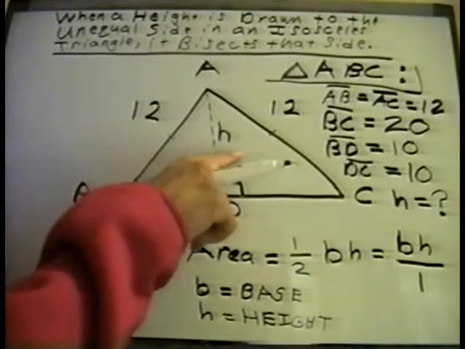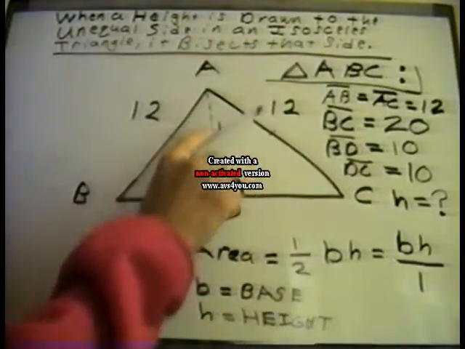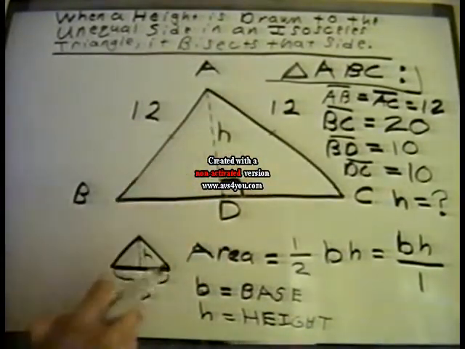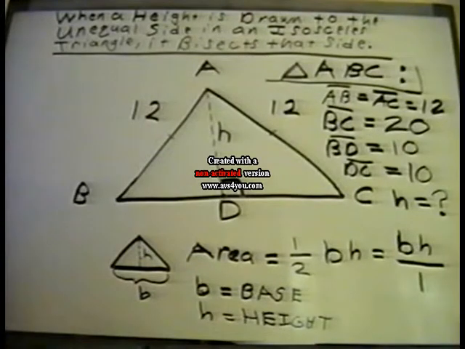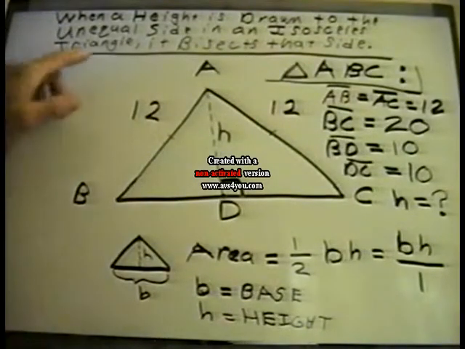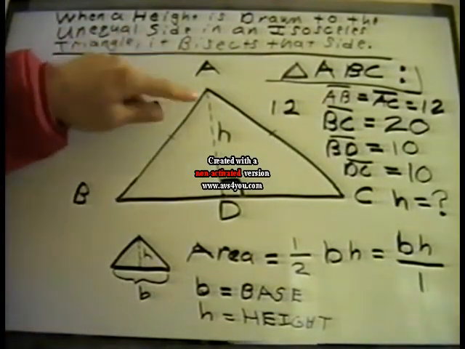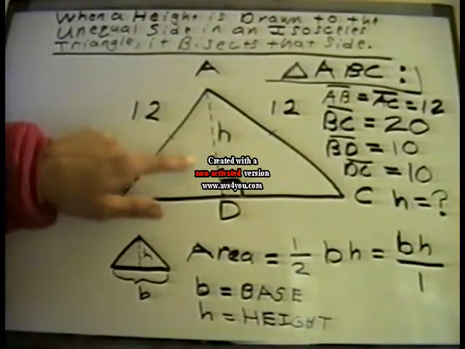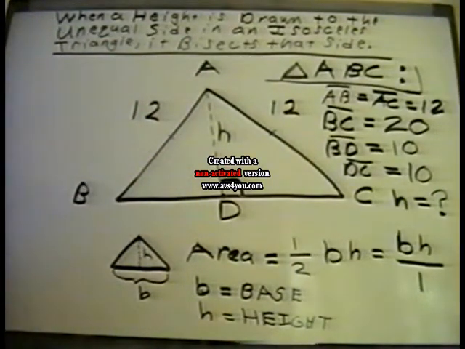So from this, we see two right triangles. Whenever you draw a height in an isosceles triangle such as this, you make two right triangles that are congruent, however not identical.